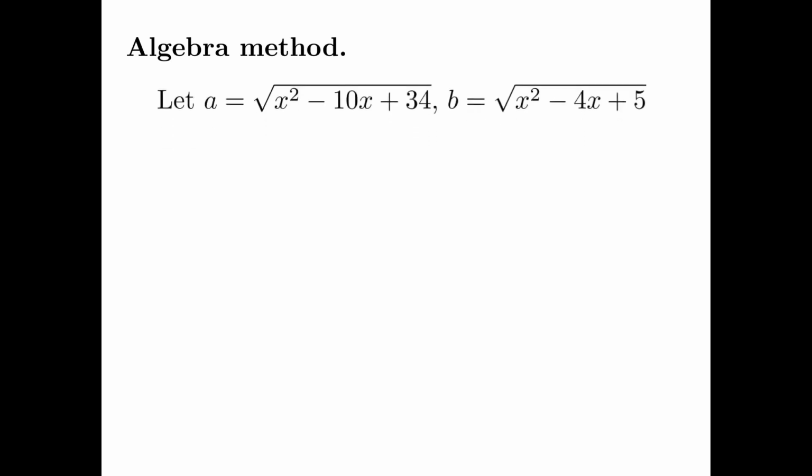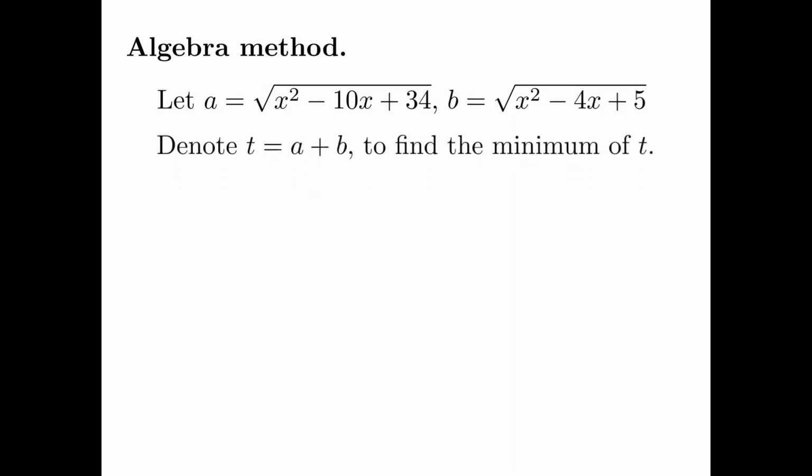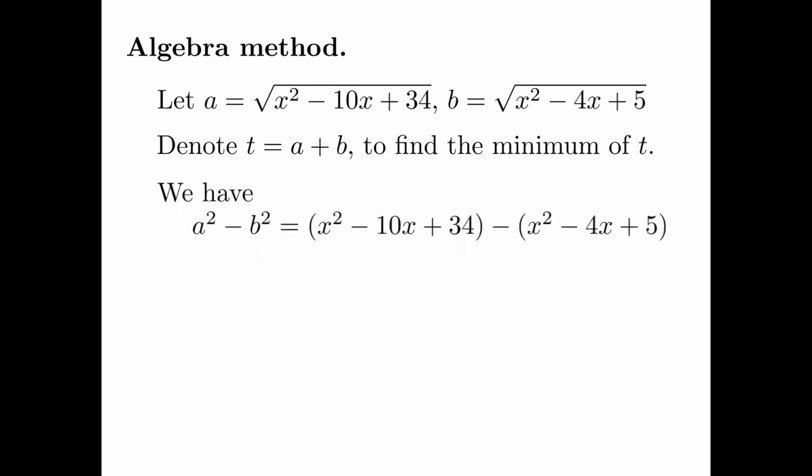Algebra method. Let A be the first square root and B the second one, and denote their sum as T. We want to find the minimum of T. We have A squared minus B squared, the difference of two quadratic polynomials, which equals -6x plus 29.